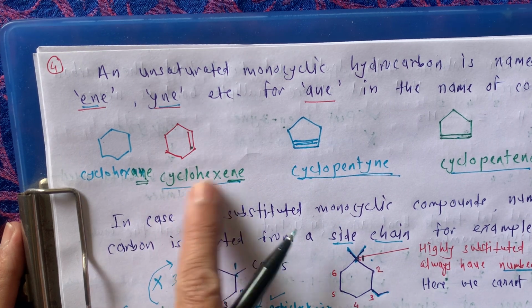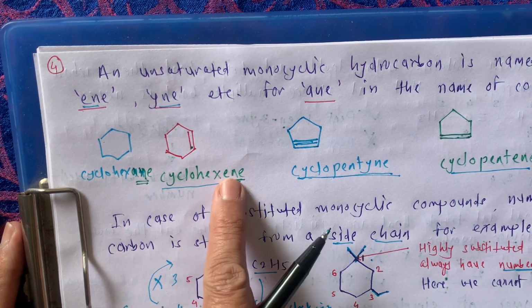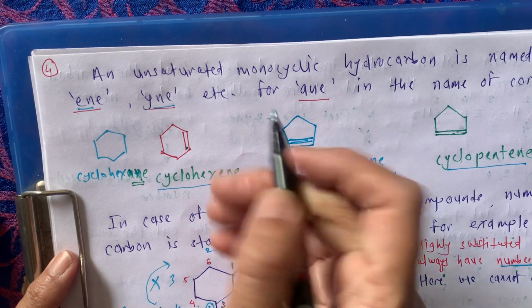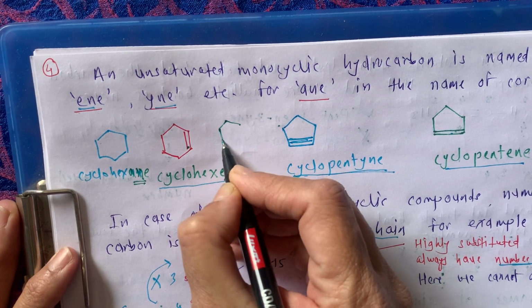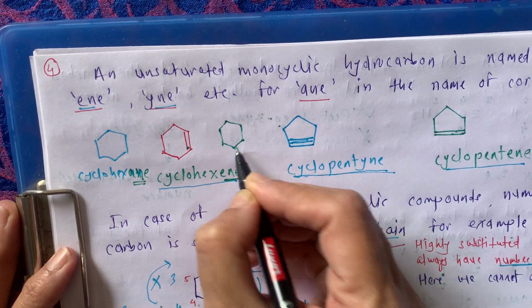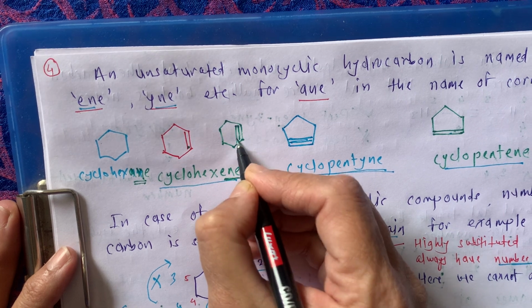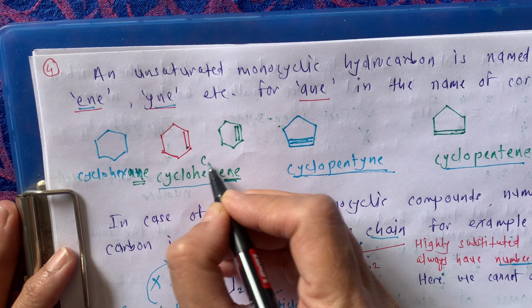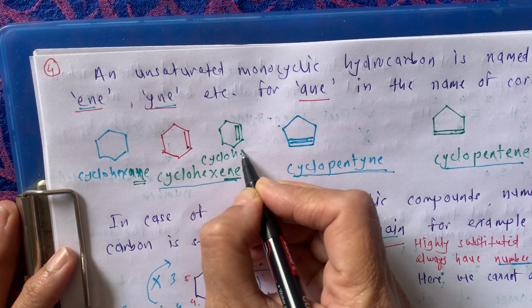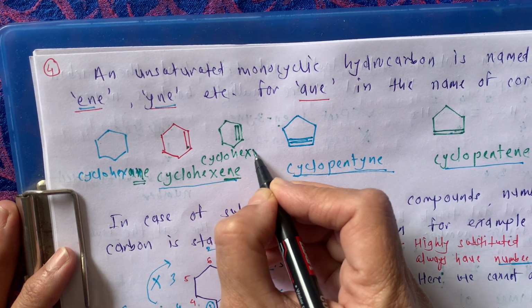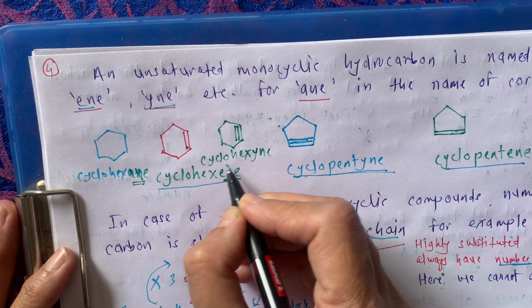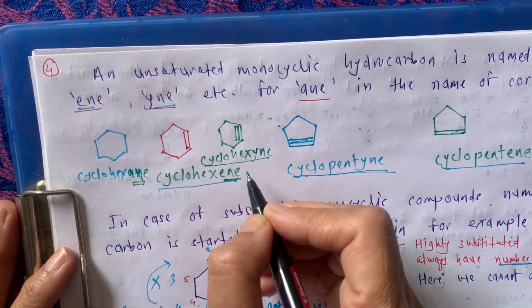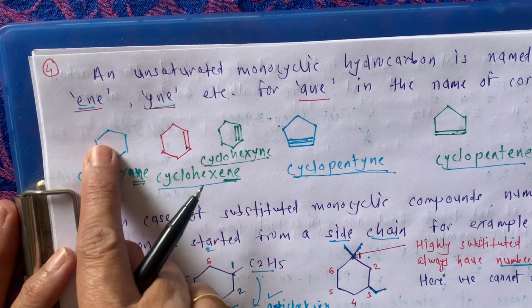All things are the same, only ANE is replaced by ENE. Now suppose in this cyclohexane structure there is one triple bond, then what will be the name of this compound? The name of the compound will be cyclohexyne. Are you getting this?